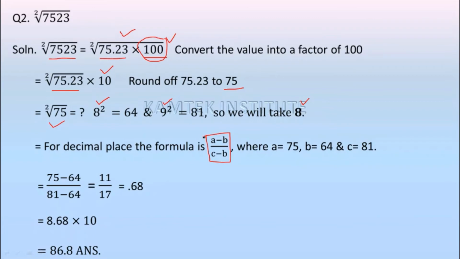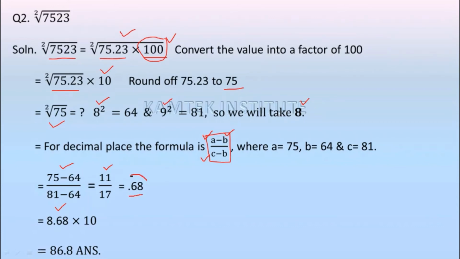We know a is 75, b is 8 square or 64, and c is 9 square or 81. Putting these values, we get 75 minus 64 upon 81 minus 64, which is equal to 11 upon 17. On dividing, we get 0.68.